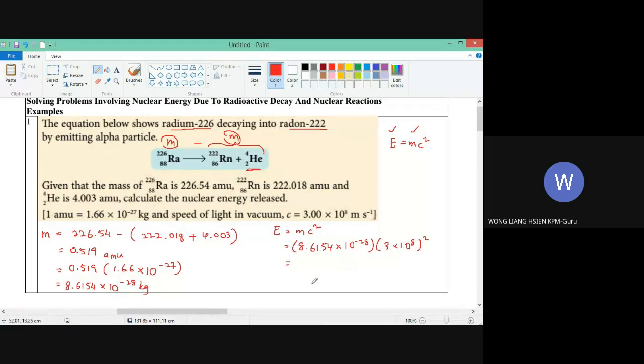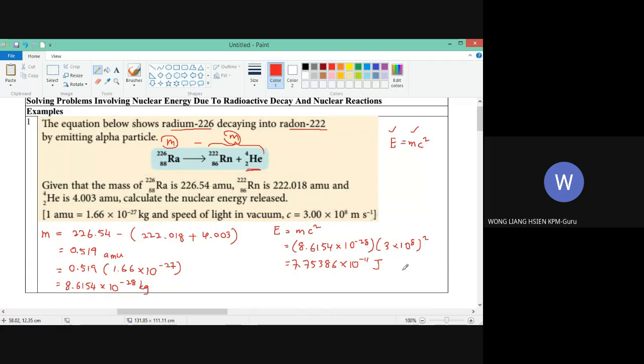So we will get 7.75386 times 10 power negative 11 joule of energy. 7.75386 can be rounded off to 7.75, minimum 2 decimal places.